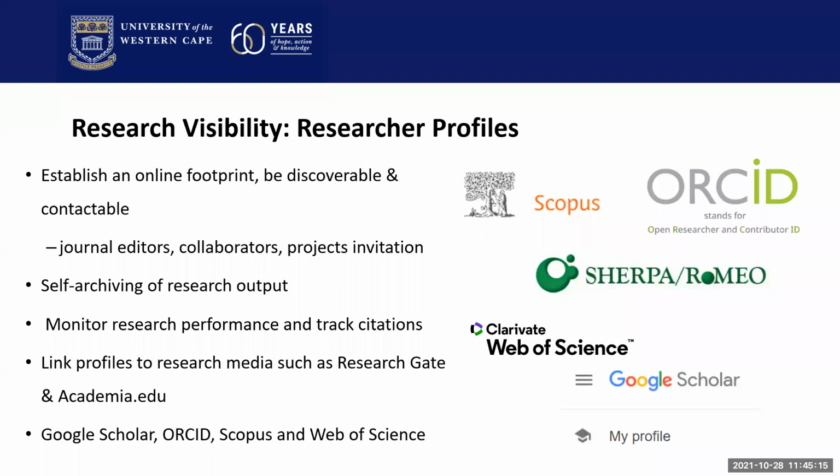So researcher profiles also allow you to monitor your research performance and track citations. Researcher profiles are also a good way of linking other research media or social networking sites such as Twitter, Facebook, ResearchGate, and academia.edu, because now we know besides the traditional citation metrics, we also have altmetrics, which are a calculation of a researcher's work on the online platforms.